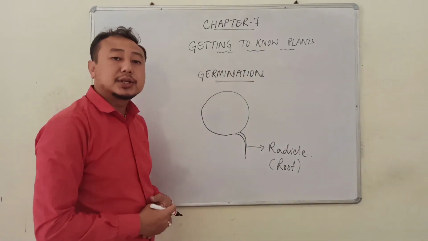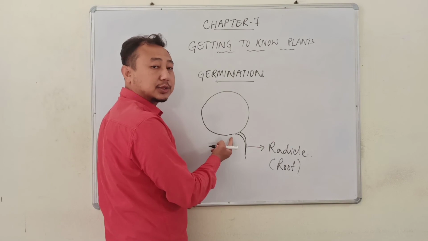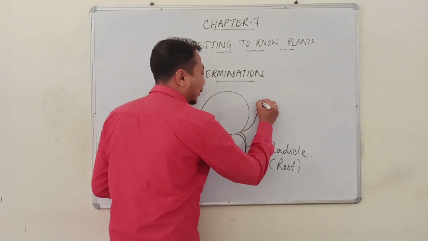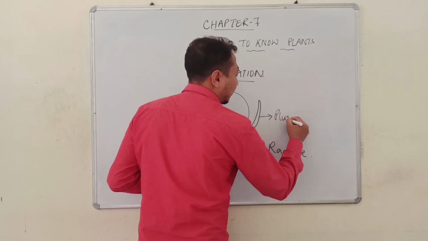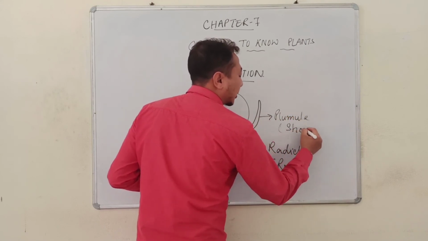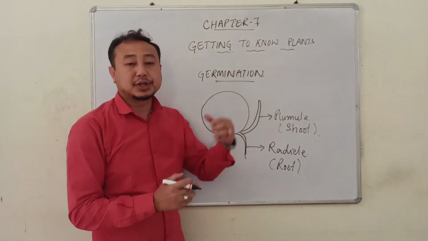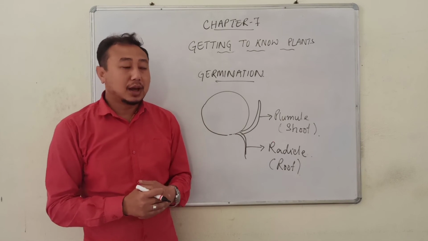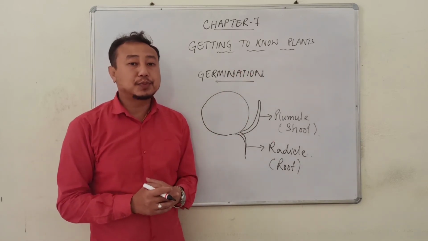After the radicle is developed, another structure will develop from the same portion where the radicle is formed and it will grow upward. This structure is known as the plumule, and this plumule will develop into the future shoot. So this is what happens during the process of germination. After germination, this seed will develop into a new plant.